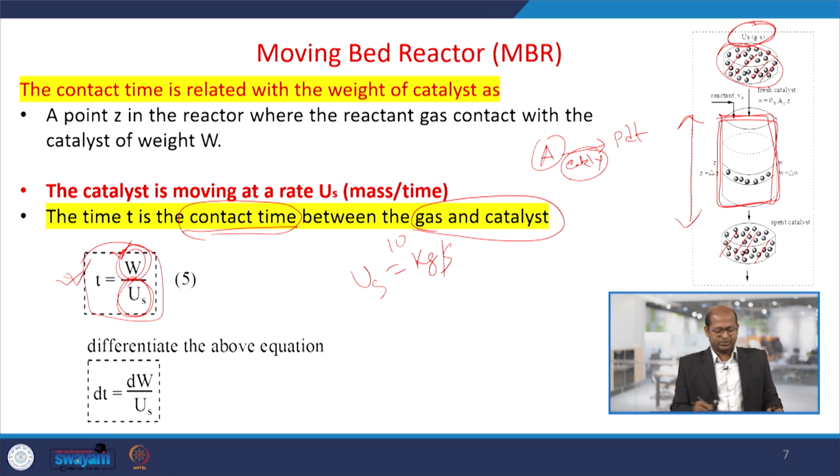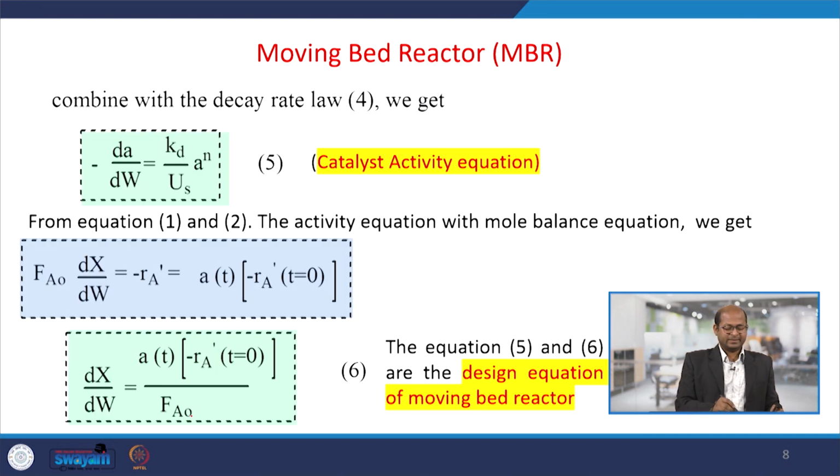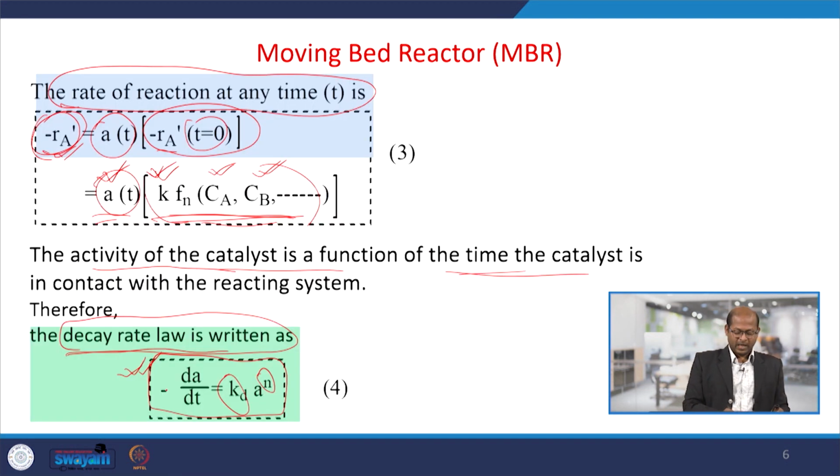So, we can write these equations in differential form. dt equals dW by Us, where Us is constant, but the weight changes along the length of the reactor. Now we substitute this dt in the decay rate law, equation 4.